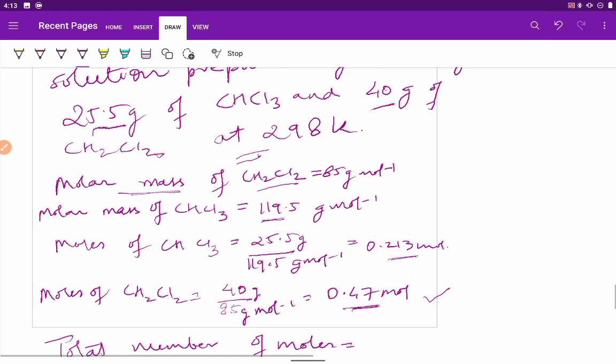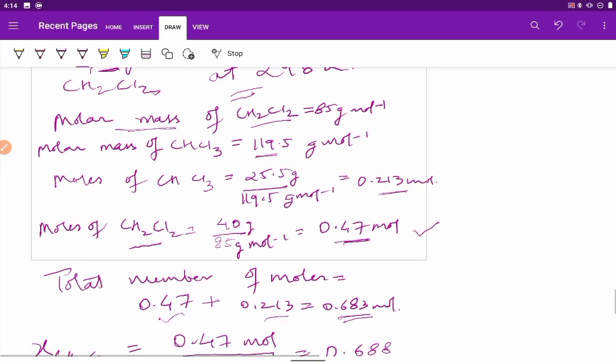We find moles. Moles of CHCl3 will be 25.5 gram, which is given here, divided by 119.5 gram per mole, so it is 0.213 mole. For moles of CH2Cl2, we divide 40 gram, which is given, by 85 gram per mole, we get 0.47 mole.